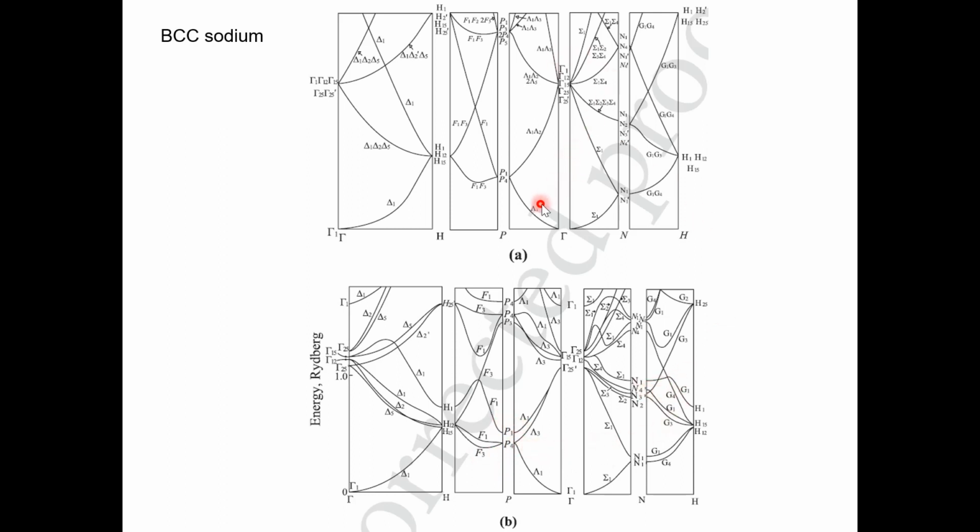And this is just to emphasize the similarity between the empty lattice and the full calculation, except of course for the symmetry breaking given by the effect of the crystal potential. Okay?